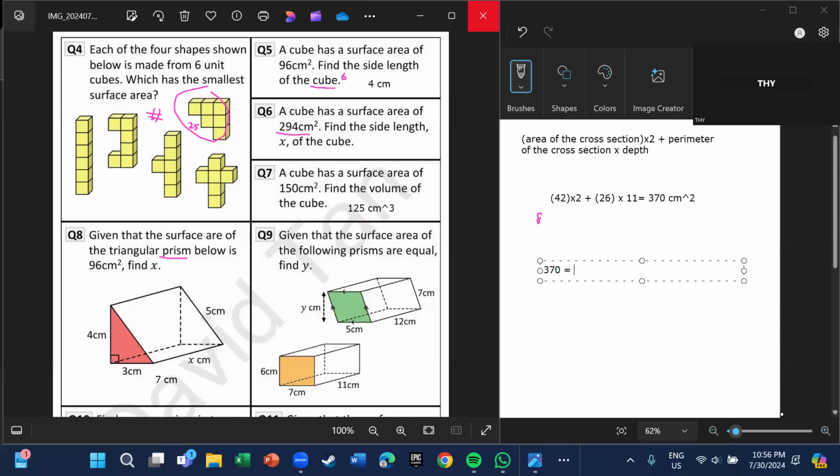So here we have y, which is the height, times 5, which is the area of the cross section, multiplied by 2. For that we add 5 plus 7.